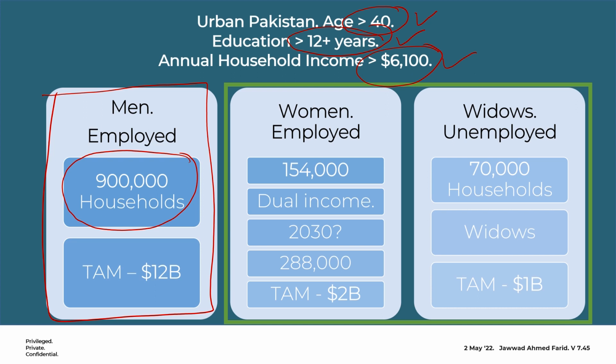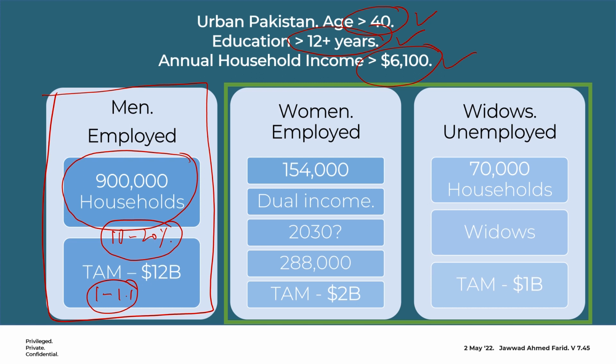Over a 10-year period, so right now it's 18-19, in 28-29, 10 years down the road, they will grow somewhere between 10 to 20%. So the same segment in 28-29 would be about 1 million to 1.1 million households.